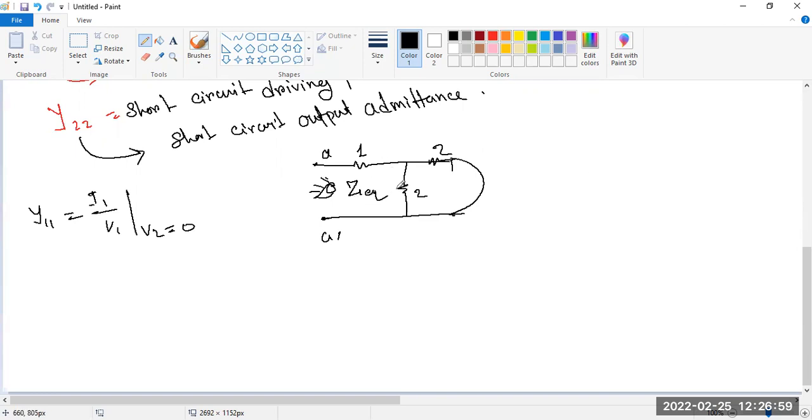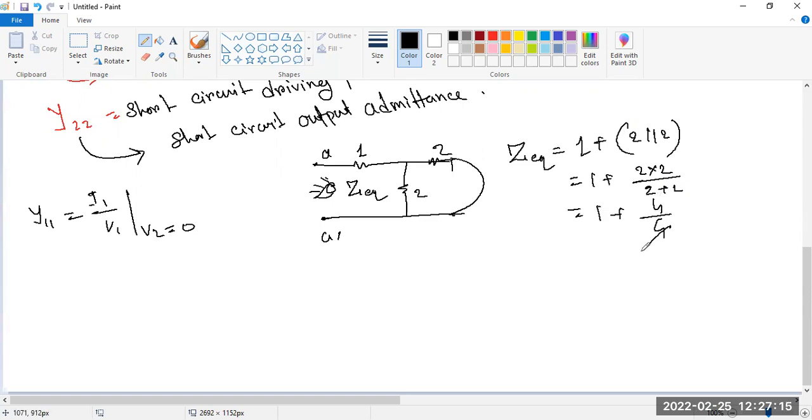So Z equivalent equals 1 plus 2 in parallel with 2. That gives 1 plus (2 into 2) by (2 plus 2), which is 1 plus 4 by 4, that is 1 plus 1, so Z equivalent is 2.